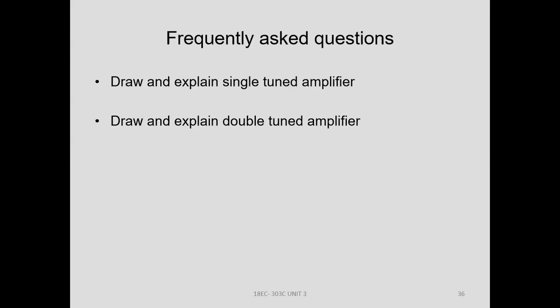In the double tune amplifier circuit, the frequency response depends on the coupling coefficient. If the two tuned circuits are separated apart, that means the distance between the tuned circuits is more, the induced EMF in the secondary coil is less.